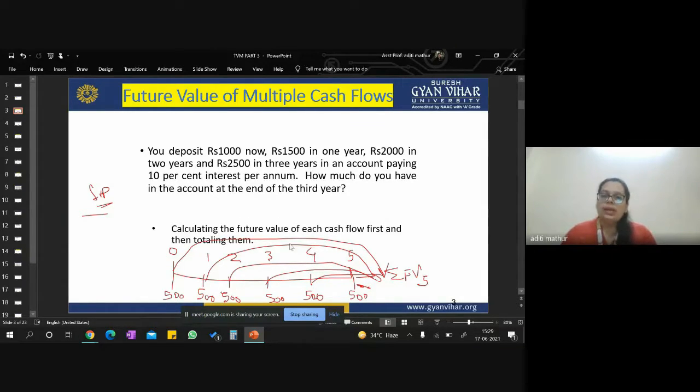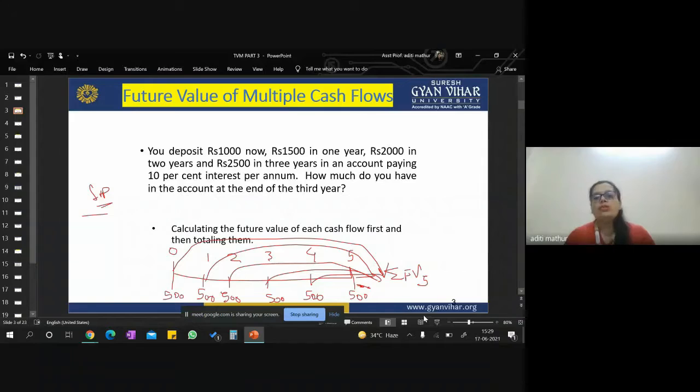So how to do it? This investment calculation is actually known as the calculation of future value of multiple cash flows. Dear students, please remember, it is not necessary that there is always a single amount like 500.